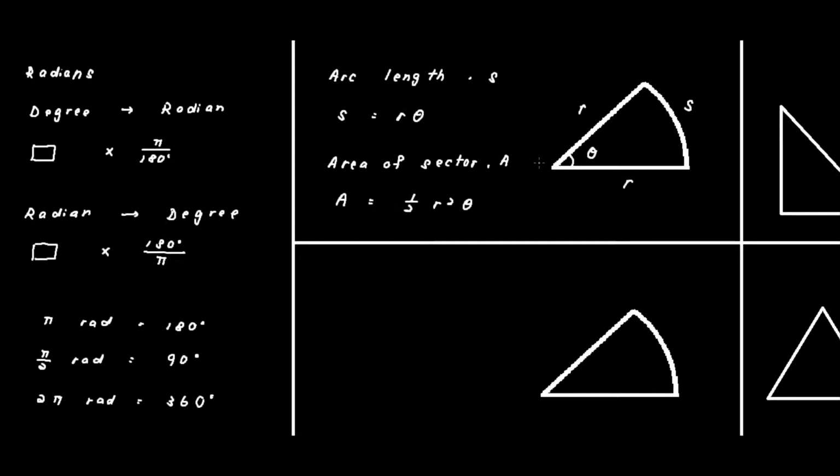Then the next one, we learn how to find, for example, a chord. This is the chord. So how do you find this? If you do not want to memorize the formula, from what we discussed in the classroom, you can always cut the triangle in half, so you get a right angle triangle.